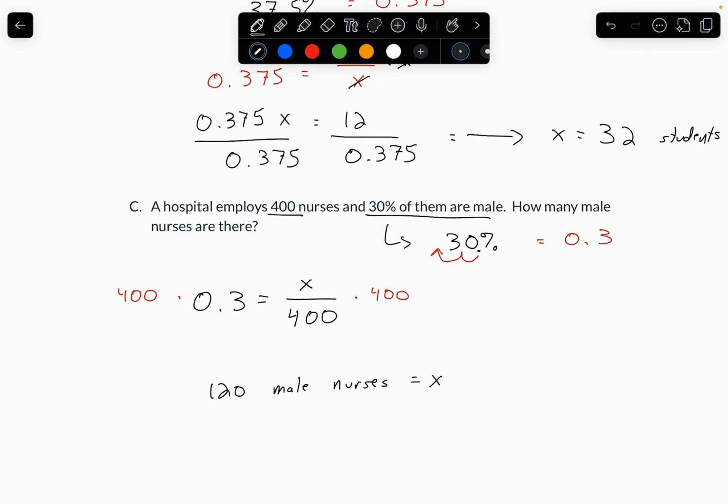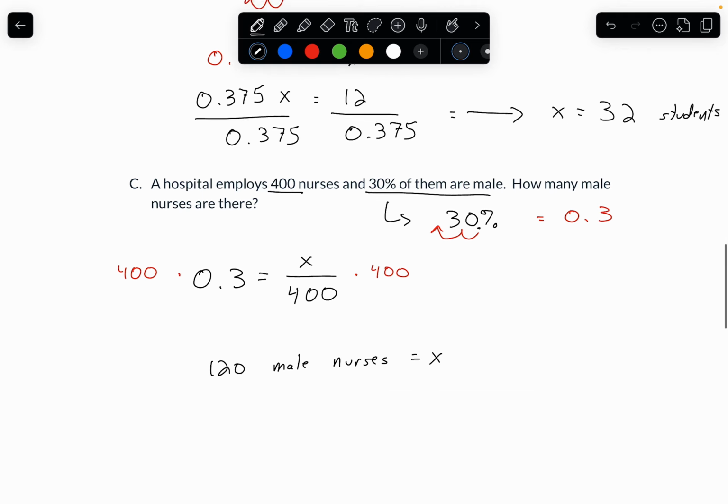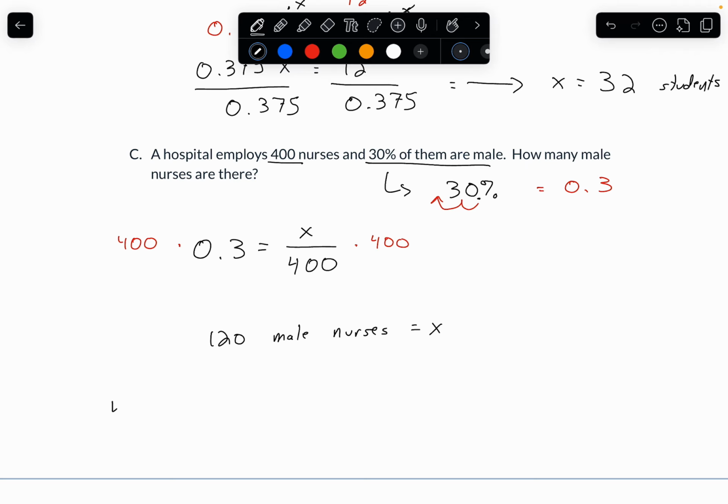Or again, if you start to feel more confident with these, you could just say, well, I'm going to take the total number, 400, times the percentage in its decimal form, 0.3, and I should end up with exactly the same thing, 120. You can see that that's what we're doing right here, but if you don't feel like you need to set up that equation, then by all means, you can use that shortcut as well.